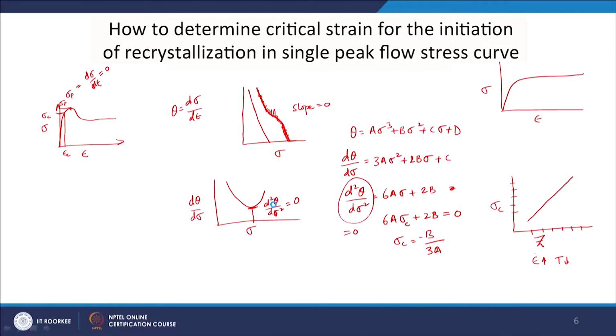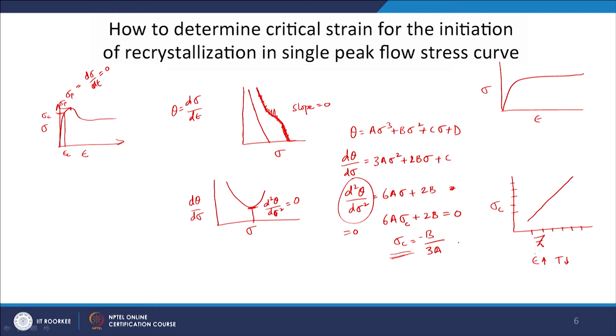So, with this we are able to see the critical strain and critical stress for the recrystallization process. By doing some simple mathematics, I am able to find out what parameters give me the critical stress, and correspondingly there will be a critical strain.